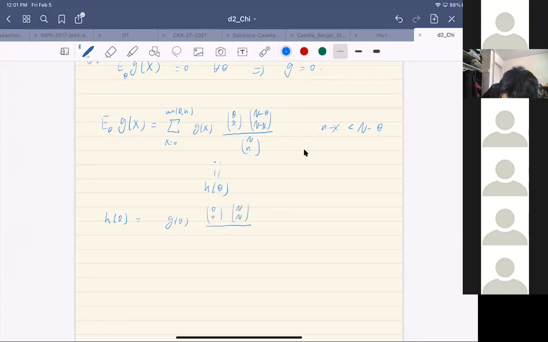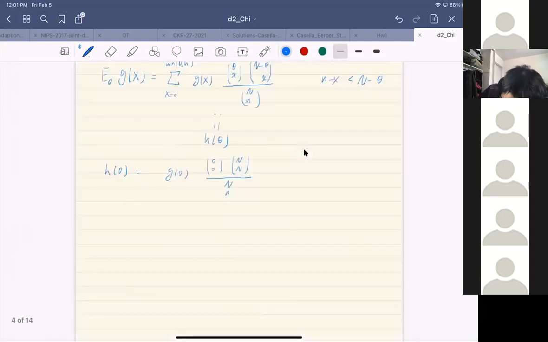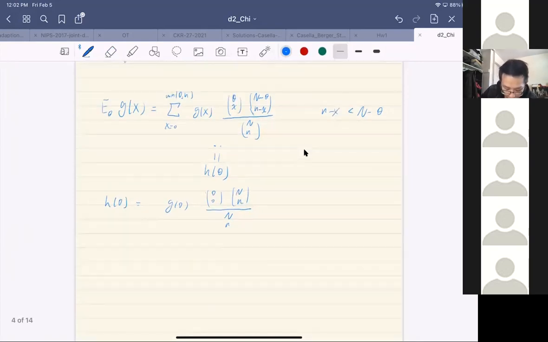Sorry, this is n minus a. Okay. So this should be little, so that can imply that the G of little.